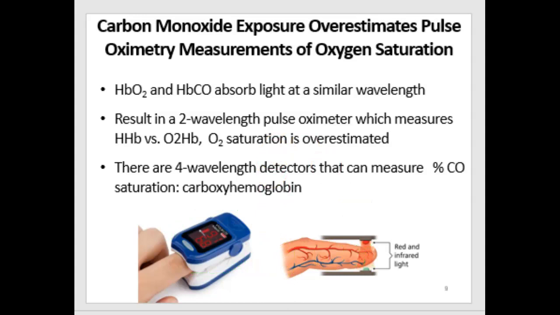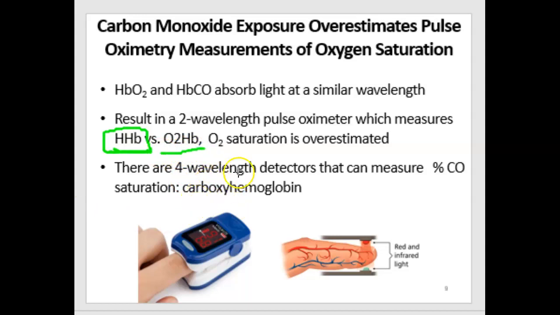And most of the time, the pulse oximeters have 2 different wavelengths of light that they send through. One wavelength detects light that has passed through blood that contains deoxyhemoglobin. And another wavelength passes through the blood and it detects oxygenated hemoglobin or oxyhemoglobin.